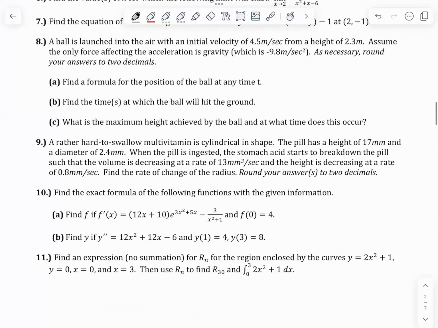Technically speaking, it's a cylinder with 2 half spheres on top and bottom, but let's just assume that it's perfectly cylindrical. The pill has a height of 17 millimeters and a diameter of 2.4 millimeters. When the pill is ingested, the stomach acids start to break down the pill such that the volume is decreasing at a rate of 13 millimeters cubed per second, and the height is decreasing at a rate of 0.8 millimeters per second.